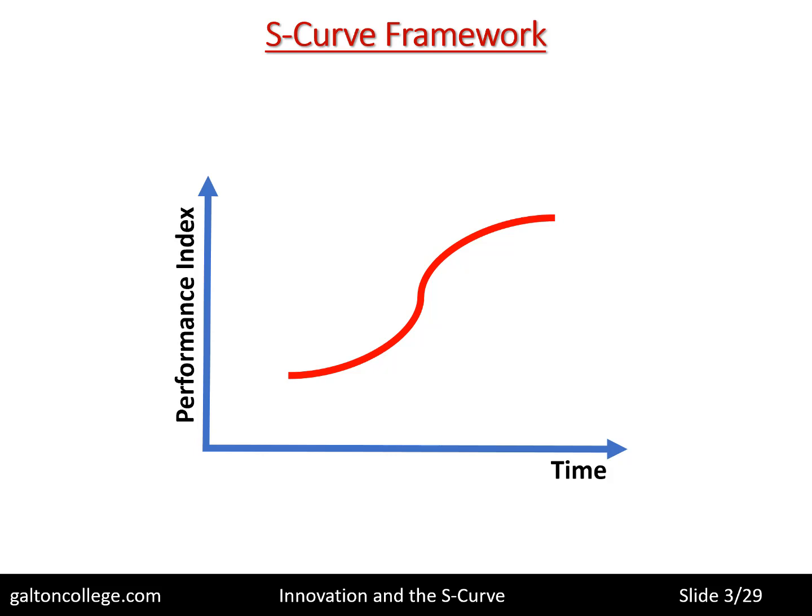This diagram is showing the relationship between performance and time. The performance of this innovation will increase over a certain period of time, then it will increase very dramatically in the center, and then its performance will taper off towards the top end.